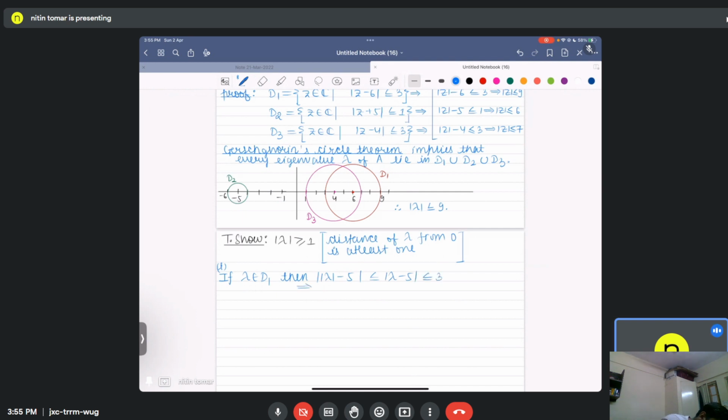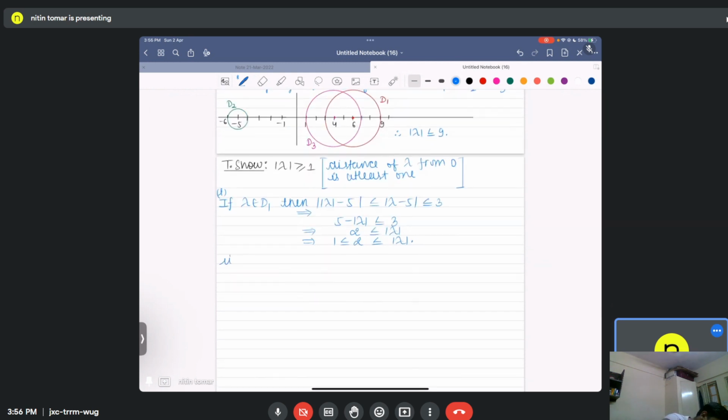Now what does it imply? It implies 5 minus mod lambda is at most 3, so 2 is greater than or equal to mod lambda. Because 1 is always less than or equal to 2, we have this.